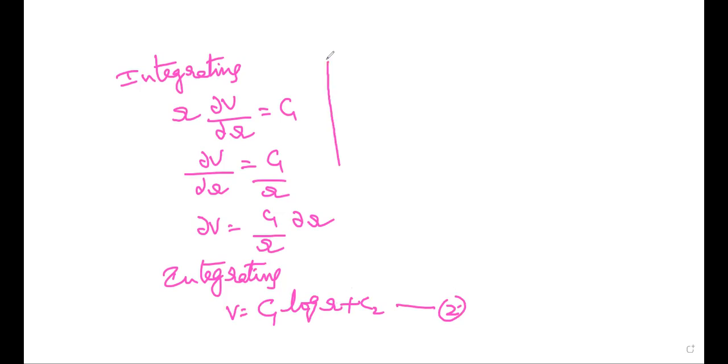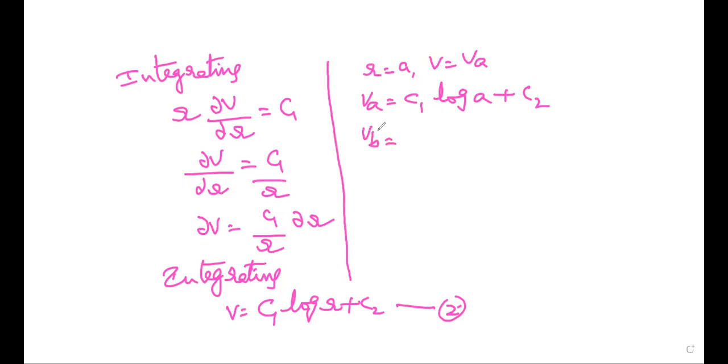So using boundary conditions, r is equal to a, V is equal to VA. This implies VA is equal to c1 log a plus c2.